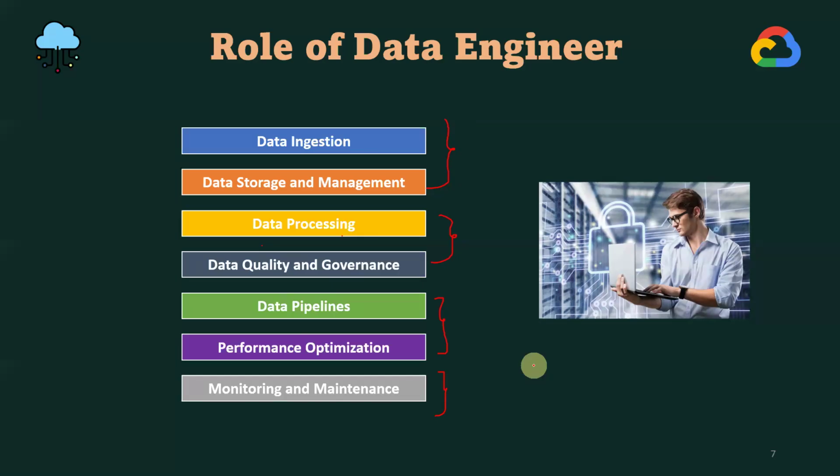So that's the reason we are going to cover each and everything in our upcoming sessions in a very detailed way. We will focus on all of these areas: data ingestion, data storage and management, data processing, data quality and governance, data pipeline creation, performance optimization, monitoring and maintenance. All of these areas we are going to see.